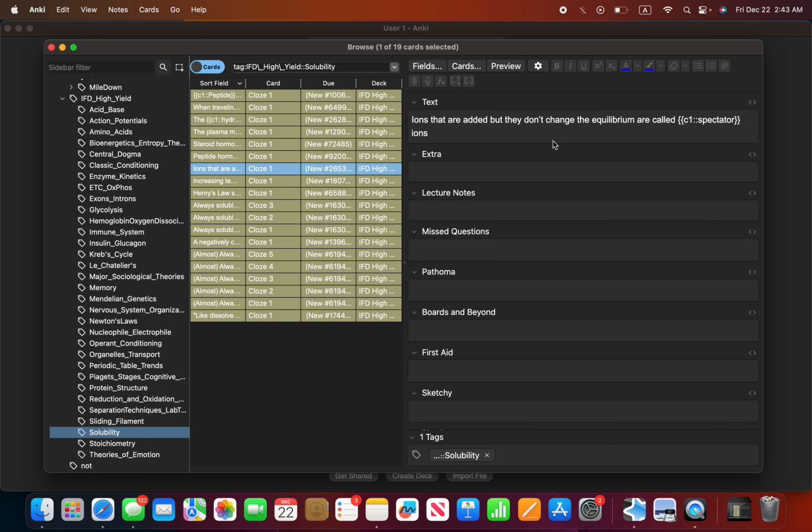I assume it is the charge equilibrium here. So what are spectator ions and why do they not change the equilibrium?